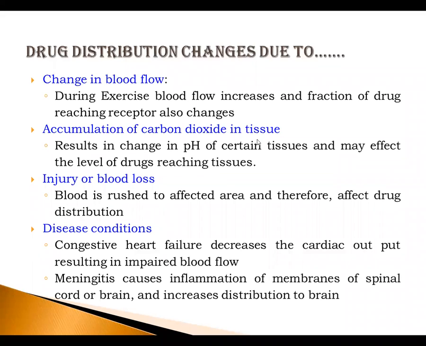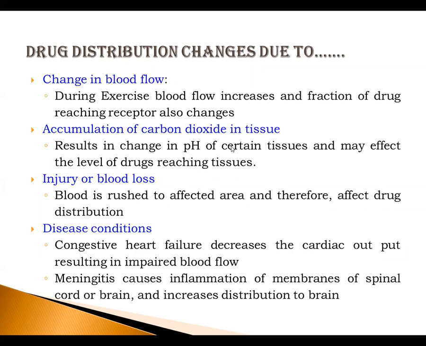Next, accumulation of carbon dioxide in the tissue results in a change in the pH of certain tissues. For any reason, there's a chance that the environmental condition of the tissues can change. Carbon dioxide might get accumulated, because of which the pH will change and may affect the level of drug reaching the tissue.